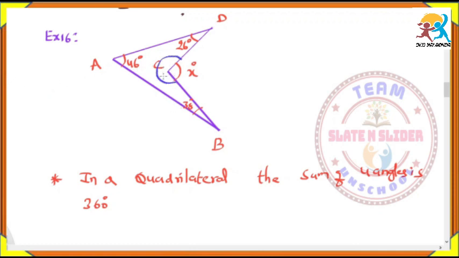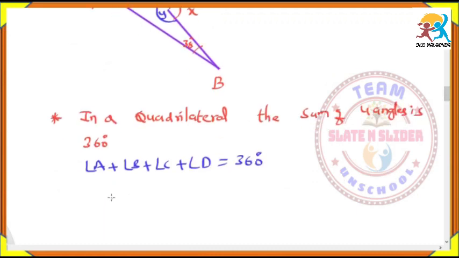So angle A plus angle B plus angle C plus angle D is equal to 360 degrees. Angle A is 46 plus angle B is 38, angle C is y, and angle D is 26 degrees, is equal to 360.